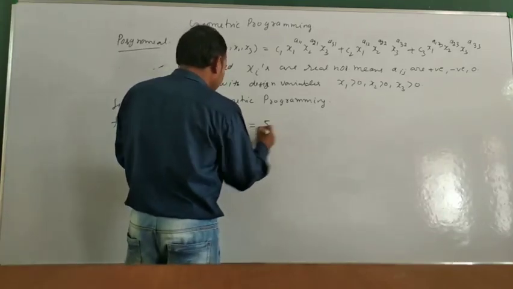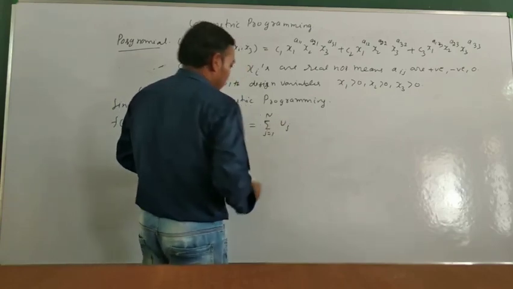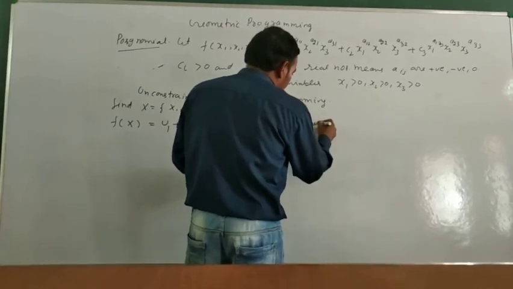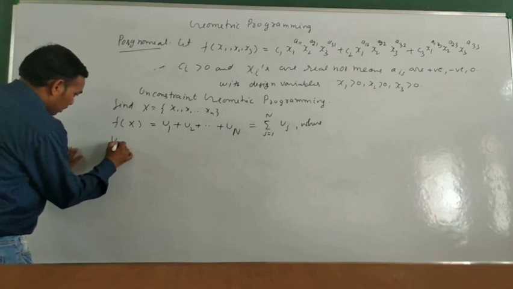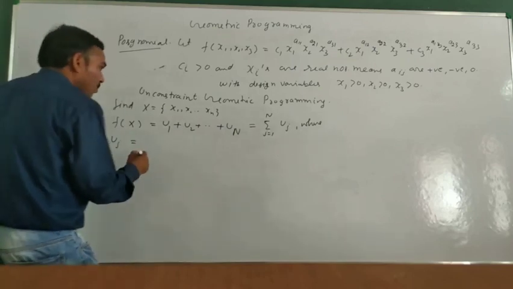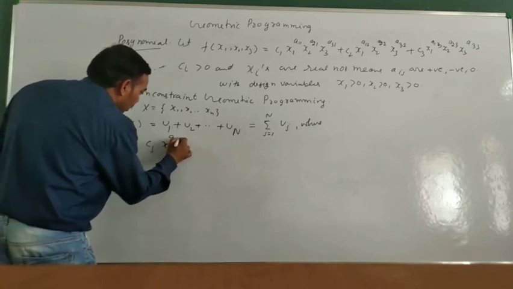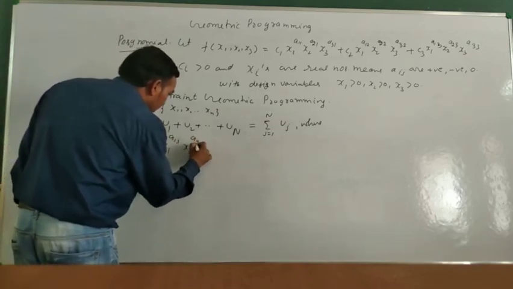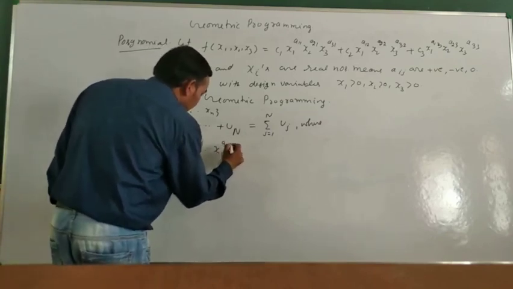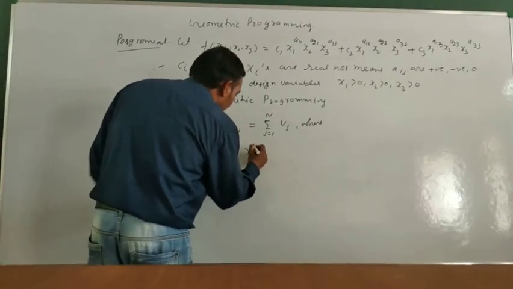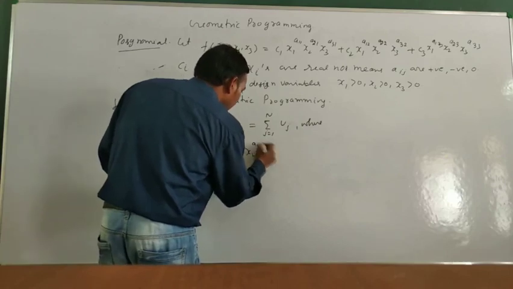We can write this as the sum over j equal to 1 to n of uj, where uj is written as cj x1^a1j x2^a2j up to xk^akj up to xn^anj.